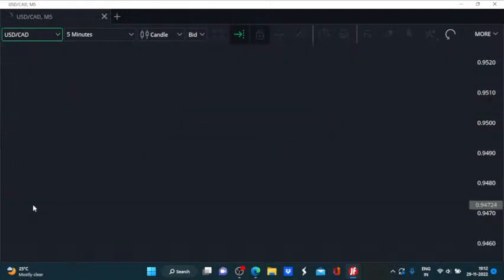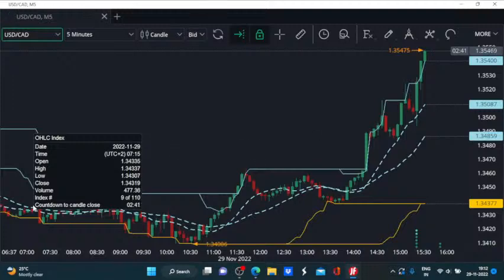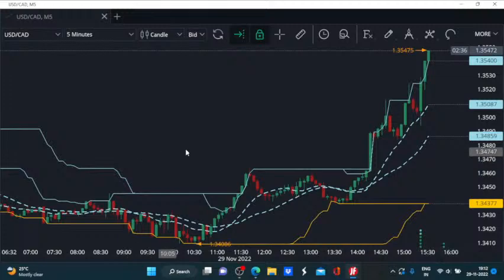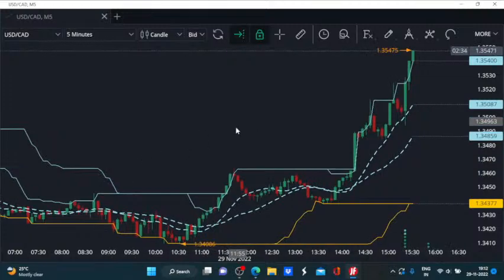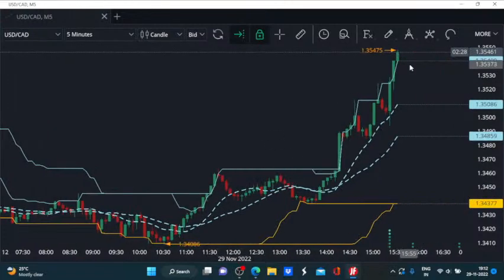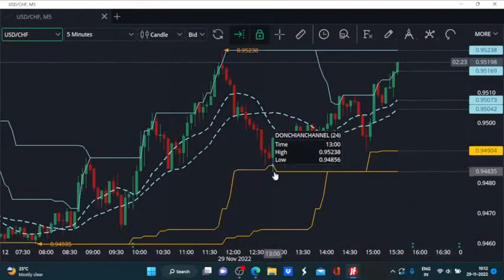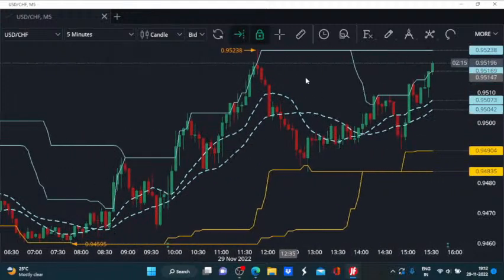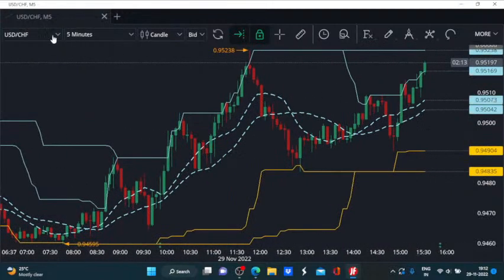Now, if we compare it to the USD CAD, let's see what the lead is. And here, the USD CAD is even further ahead for the day with its high coming in at 11:40 GMT, and afterwards it has continued to make these higher highs. Now, if we compare it with the USD CHF, the USD CHF made its prior 4 hourly high around the same time, but this is now lagging somewhat behind the USD CAD.